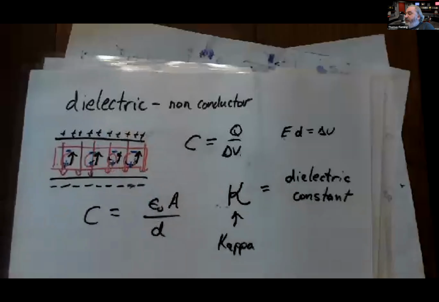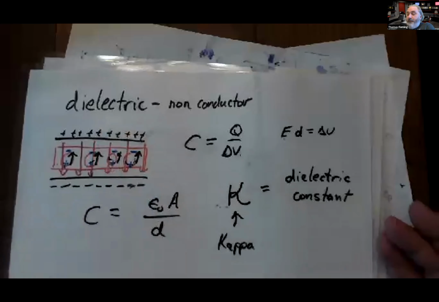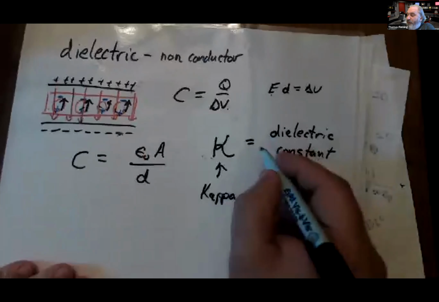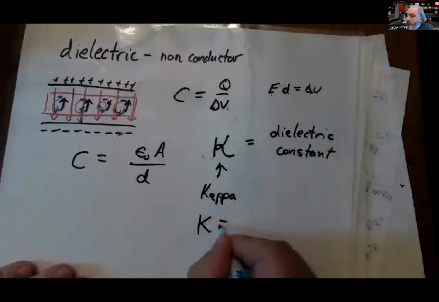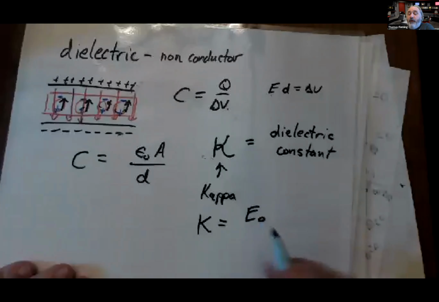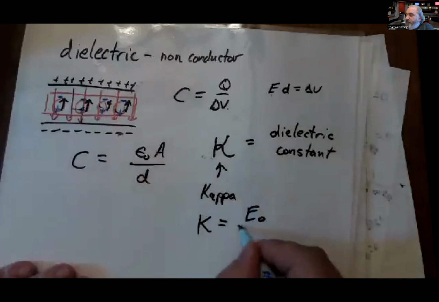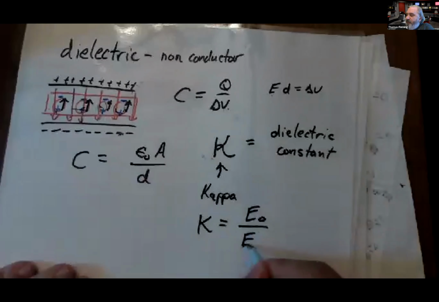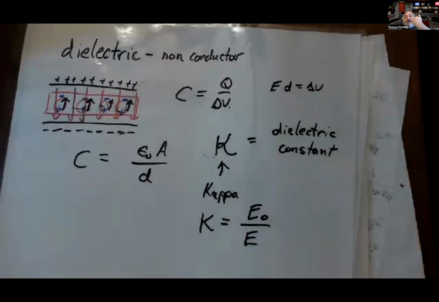Now, this dielectric constant is going to be different for every different kind of material. However, we're going to define kappa as the ratio of the electric field we would have gotten if there was no dielectric in the middle, divided by the electric field that we actually get.